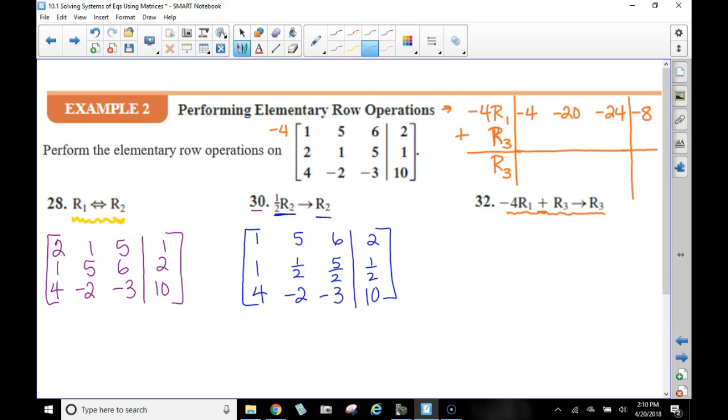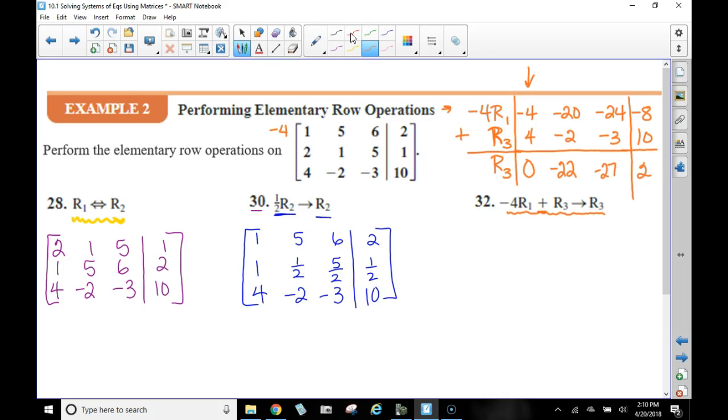So let me copy over row 3, and I'll have a 4, -2, -3, 10. And now I'm going to add these numbers together. -4 plus 4 is 0. Ooh, I like the 0 right there. That's why we're doing it. -20 and -2 is -22. -24 and -3 is -27. And -8 and +10 is 2.